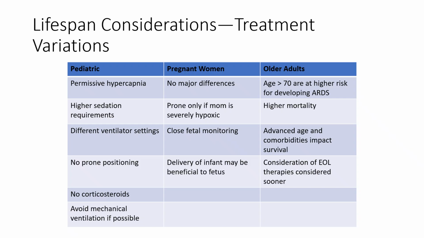And you'll see that we don't prone children. We're generally going to avoid steroids. And with pregnant women, we need to take into consideration that there's 2 patients there. And with our older patients, we generally want to think about how their advanced age and comorbidities may impact their survival and quality of life.